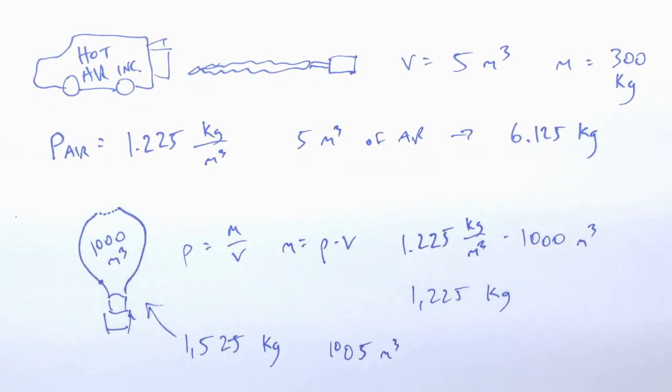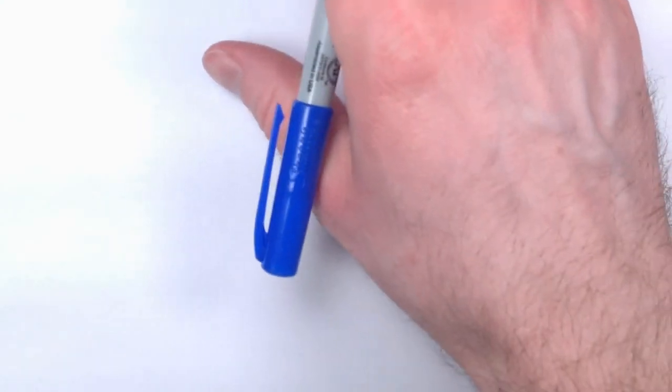But we've got to deal with the conditions of the air. So when we're talking about the ideal gas law, one thing that we keep mentioning is STP, and that means that the air pressure is 1 atmosphere and the air temperature is 0 degrees Celsius. One of the things about the ideal gas equation is it doesn't actually use the mass of the air. It uses the number of moles in the air.